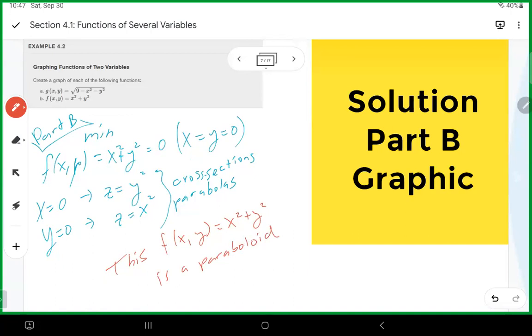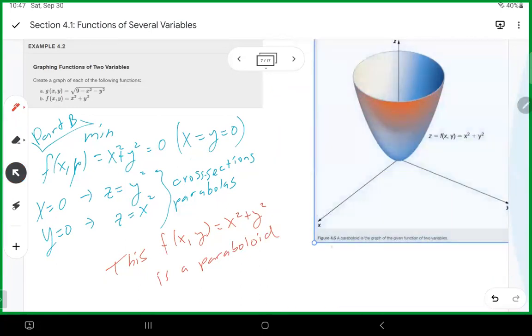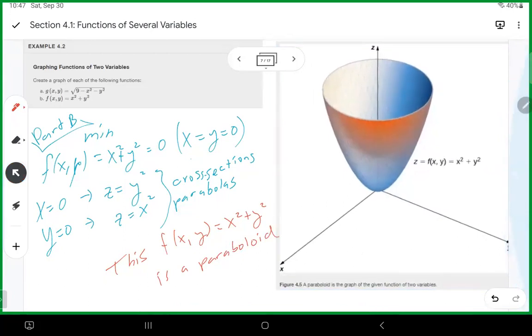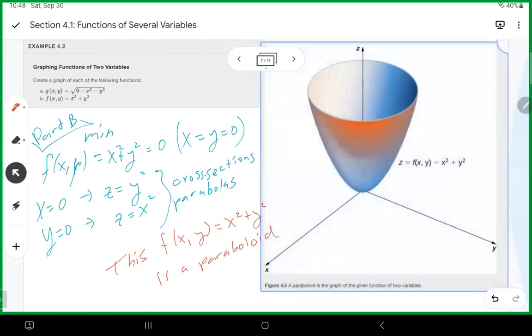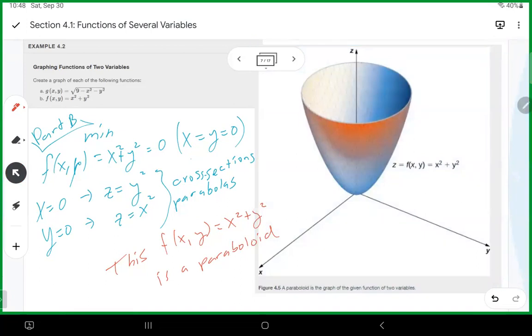Okay. And I have the graph for you. There it is.